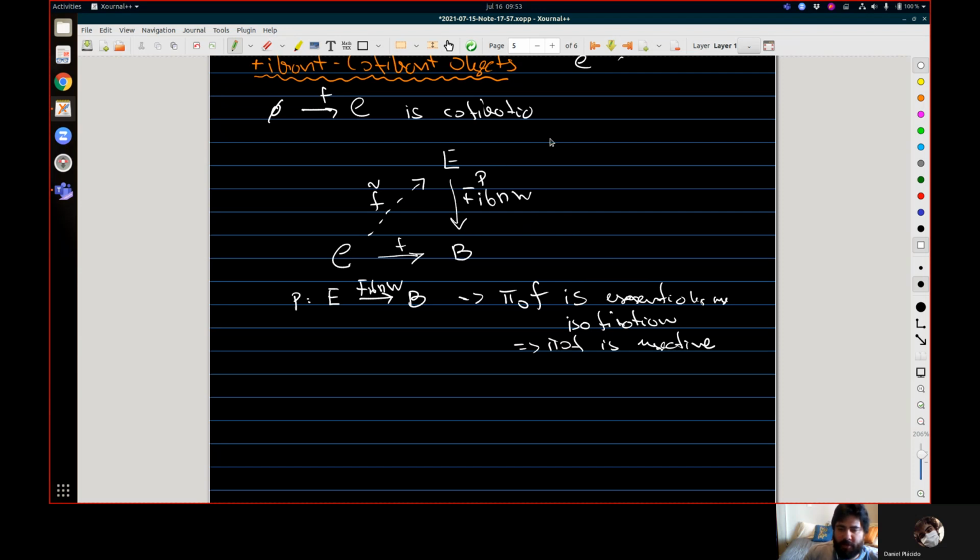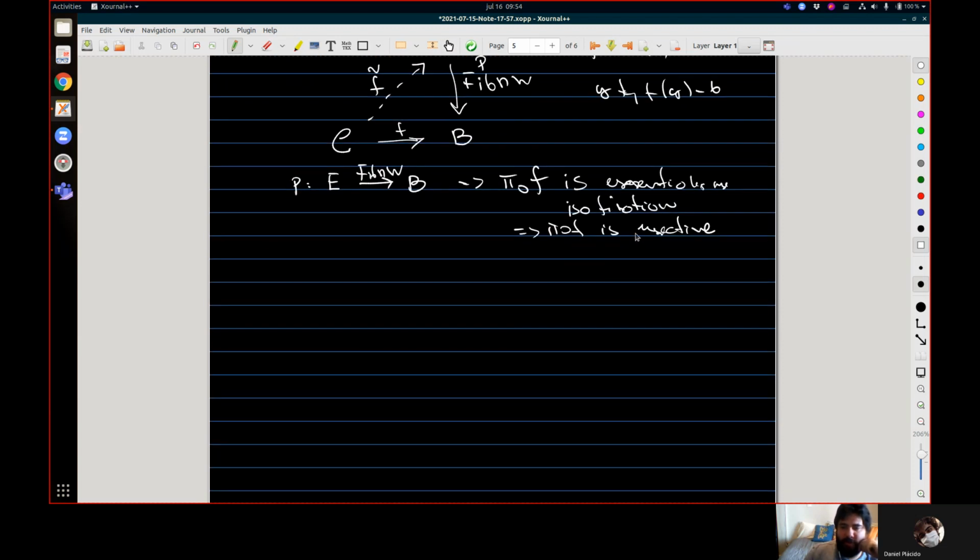So since it is essentially surjective, we have that for every b in B, we have a morphism here that is an isomorphism, all in pi 0 of B. So we must have an object y such that P of y equals b. Thus, here, pi 0 is surjective on objects. Not essentially surjective, but honestly surjective.